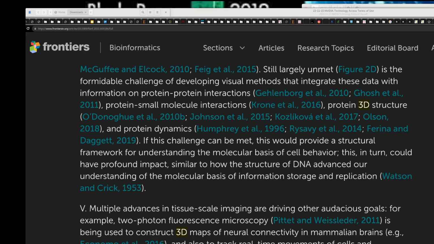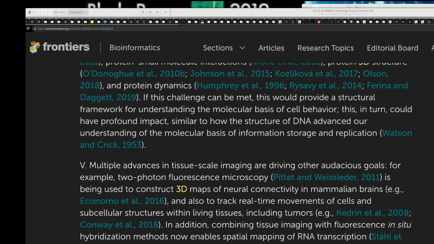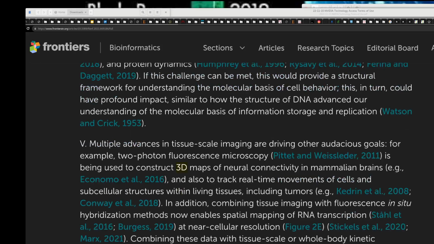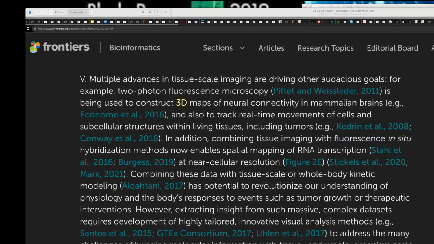Multiple advances in tissue-scale imaging are driving other audacious goals. For example, two-photon fluorescence microscopy, Pittet and Wieselder, 2011, is being used to construct 3D maps of neural connectivity in mammalian brains, for example, Economo et al., 2016, and also to track real-time movements of cells in subcellular structures within living tissues, including tumors, for example, Kedron et al., 2008, Conway et al., 2018.